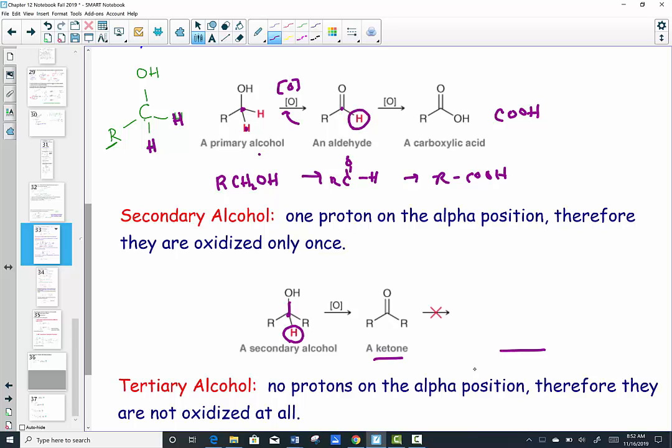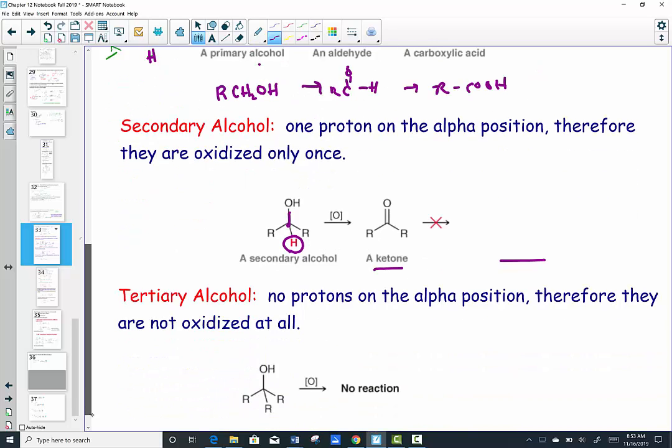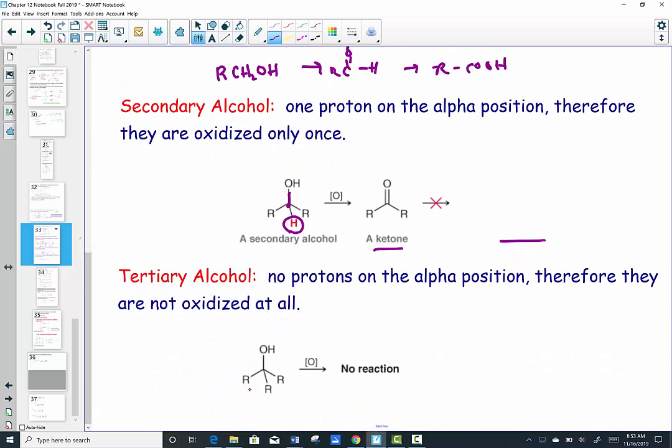With the secondary alcohol, we have just 1 step for full oxidation. And with the tertiary alcohol, because there are no hydrogens on here at all, this reaction cannot proceed. An oxidation process changes a CH bond into a CO bond. That's the process of oxidation. And with no hydrogens available, there's no possible reaction.